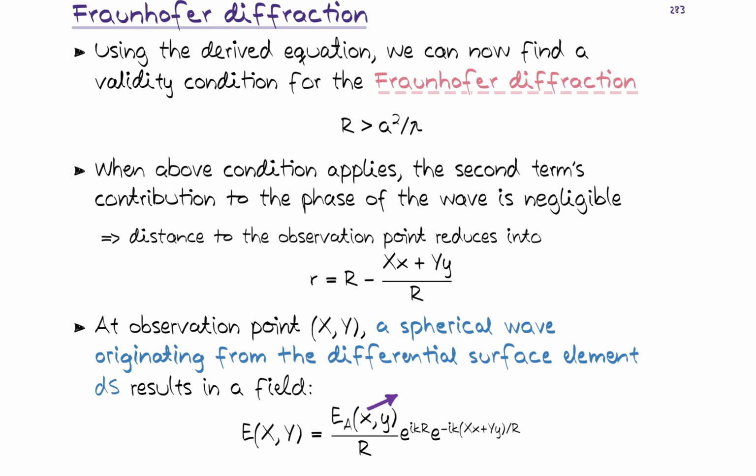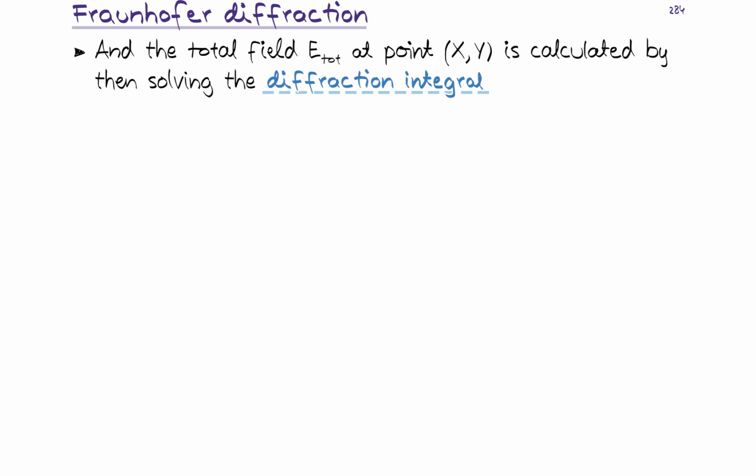And of course, this is for a single small location in my aperture function, corresponding to the differential surface element ds. So that's why I don't have the integral. And now what I want to do is calculate the total field in that location. So okay, yes, I'm using a notation E tot as in the total field at the point xy. And now we calculate this by solving a diffraction integral.